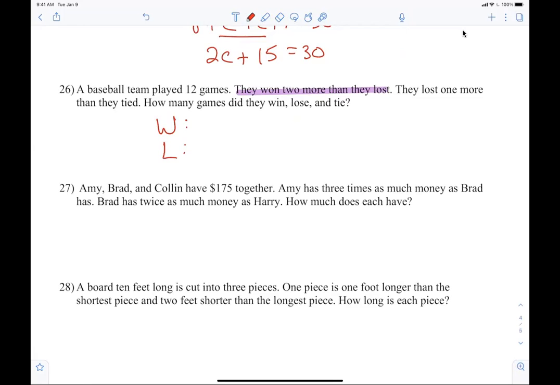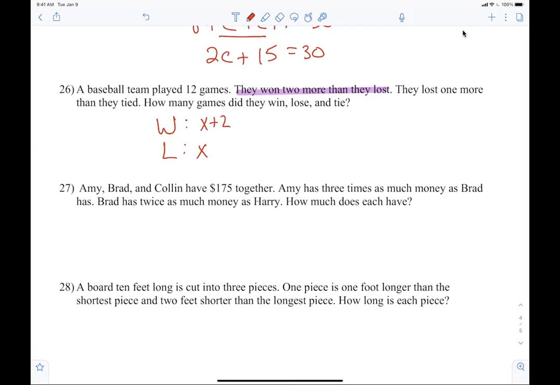No, they won more, so we're the opposite way. We're not thinking about your team, we're thinking about this team. So how many did they lose? X. How many did they win? W is X plus 2.